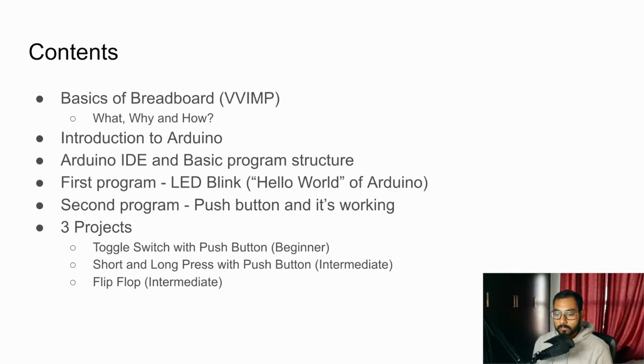The first one will be a toggle switch with a push button, and this is at a beginner level. In this, we'll take a push button and program it such that it behaves like a toggle switch. Just for more context here, a push button doesn't have a state.